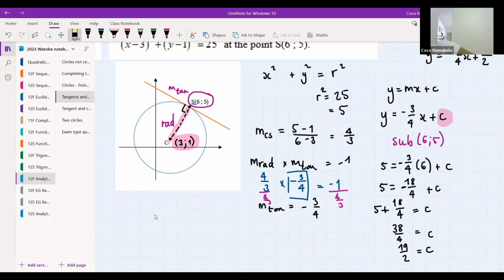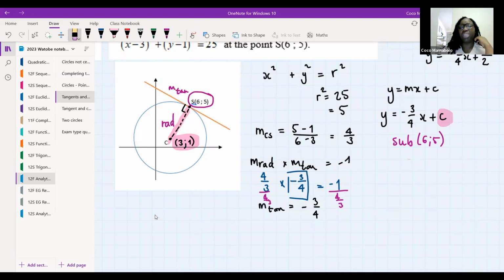Okay, Jeanette says, from substituting 6 and 5. It's literally basic math that we're doing here. We know that we've got the gradient of our tangent, and this is our tangent over here.